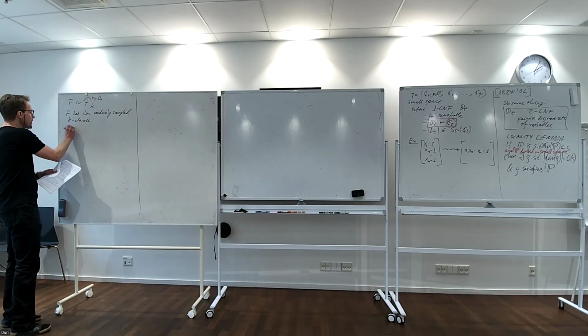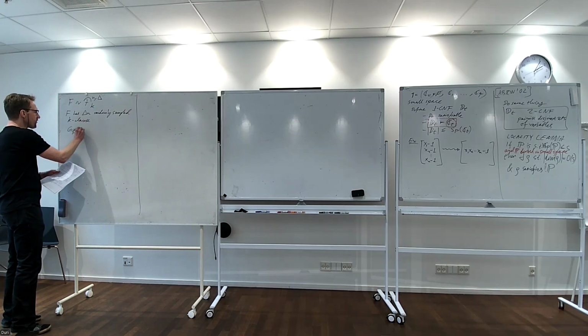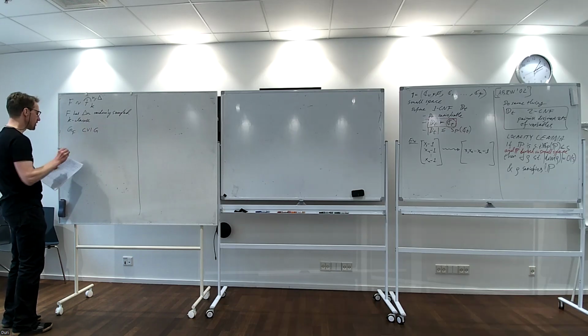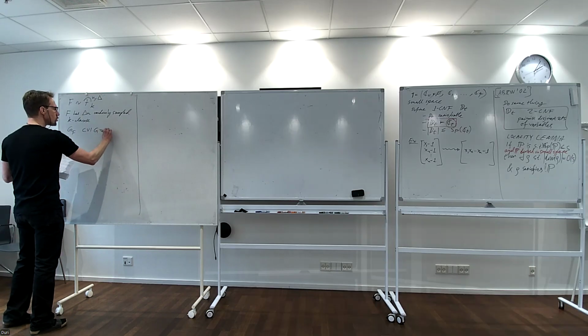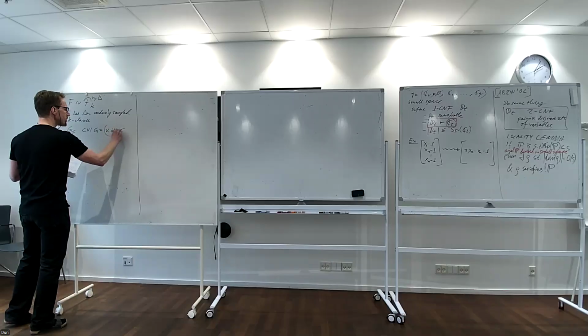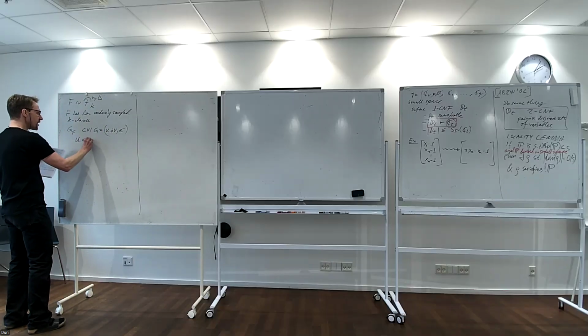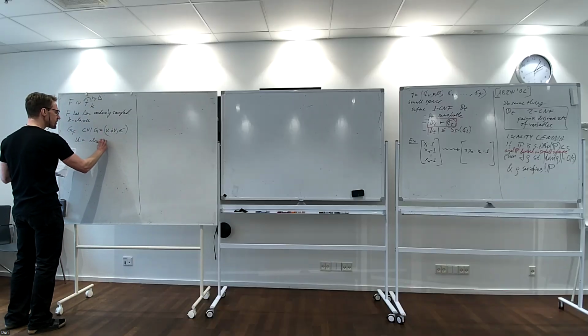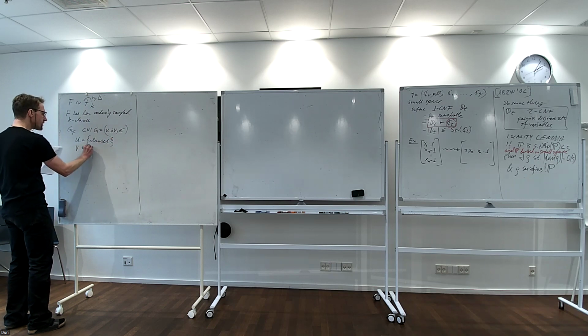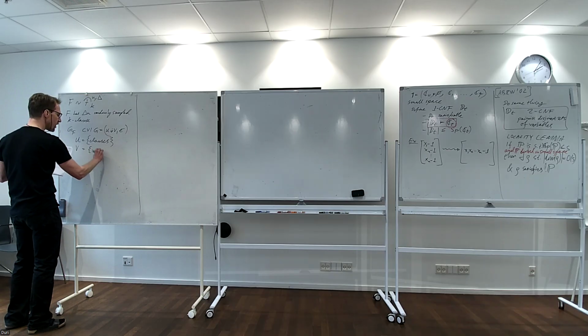So we are really going to look at G_F, which is the clause-variable incidence graph of a formula F. Just to make absolutely sure that we remember what that is: on the left-hand side, every vertex is labeled by a clause. On the right-hand side, every vertex is labeled by a variable.